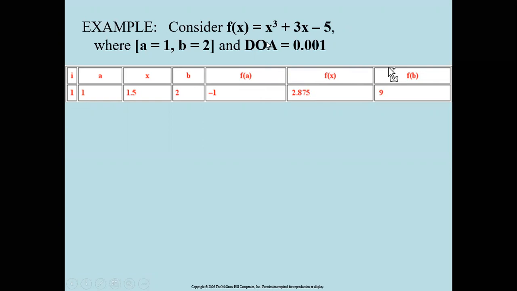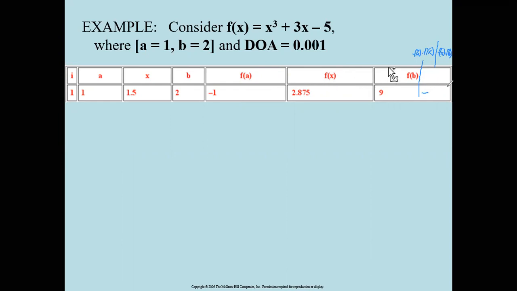So we can add another column for the change of sign, to see if this happens between a and x or x and b. If you multiply f(a) times f(x), or f(x) times f(b), negative times positive is negative, right?